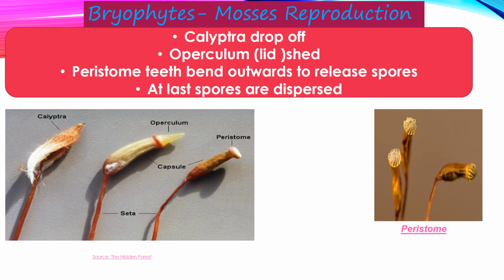At this stage, a ring of teeth-like structure surrounding the capsule called peristome is seen. This peristome helps in regulating the spores to discharge. The peristome teeth bend outwards, which makes the discharge of the spores easy. The spores are now carried away by the air.